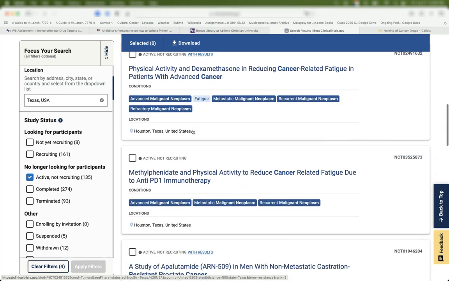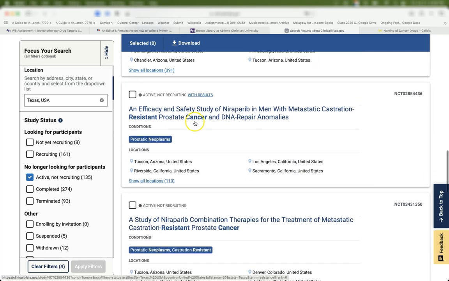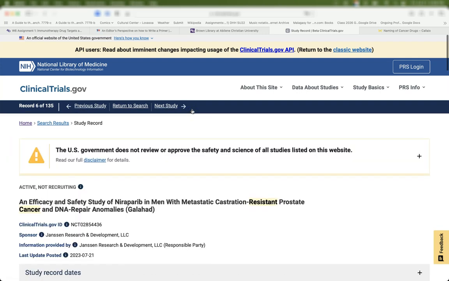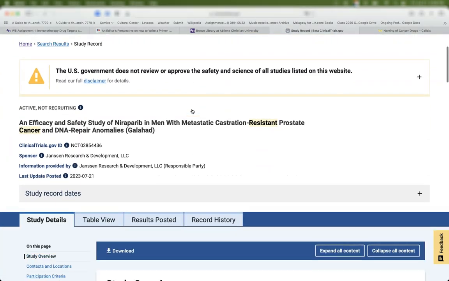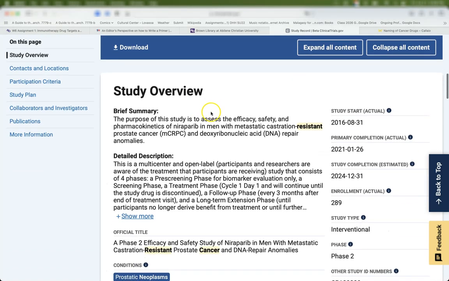So now if we were going to look for this, let's say that we are looking at, let's go with this one. So the database here gives us an idea of what we're looking at. So they're assessing the pharmacokinetics and efficacy and safety of this particular drug.